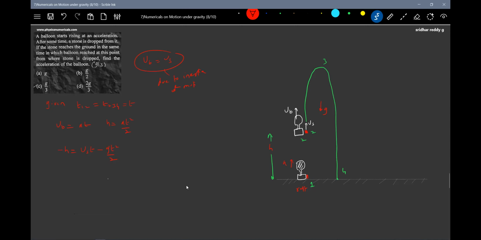Due to inertia of motion, the stone will have the same velocity as that of the balloon at the instant of release.